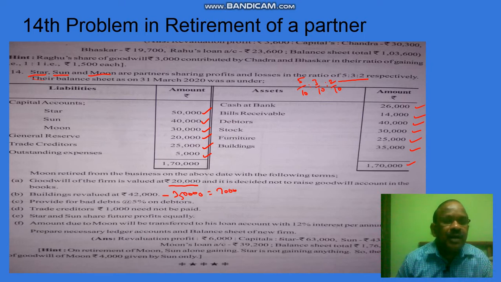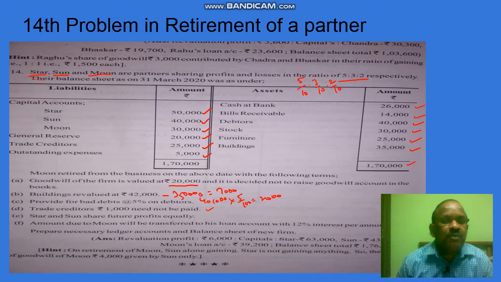Provide for bad debts is 5% on debtors. So here the debtors is 40,000, 40,000 into 5/100 is equal to 2,000. So the provision for bad debts is 2,000. Trade creditors need not pay 1,000.